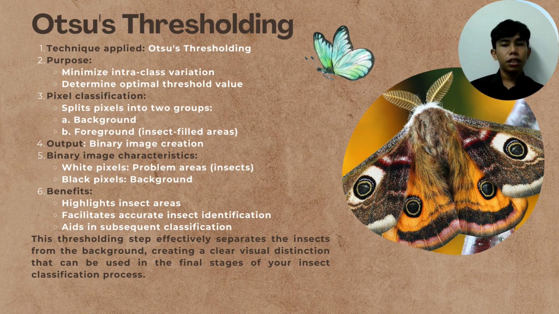For the binary image characteristics, the white pixels are the problem area, the insect, and the black pixels are the background. The benefit of using Otsu thresholding is that it highlights insect areas and facilitates accurate insect identification in subsequent classification. This thresholding step effectively separates the insect from the background, creating a clear visual distinction that can be used in the final stage of our insect classification project.